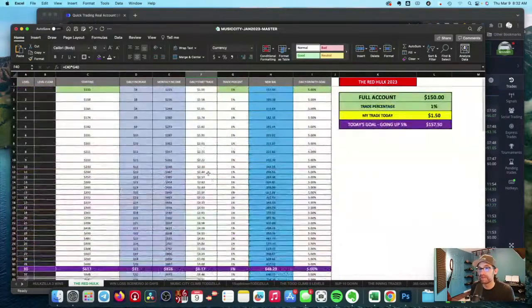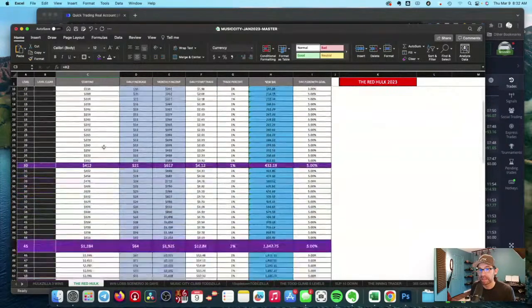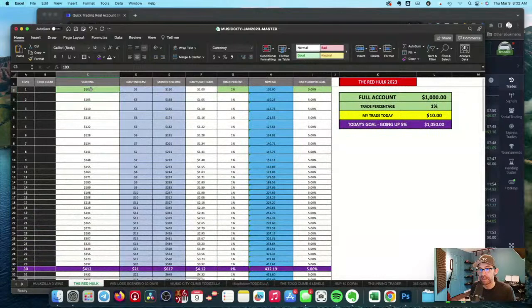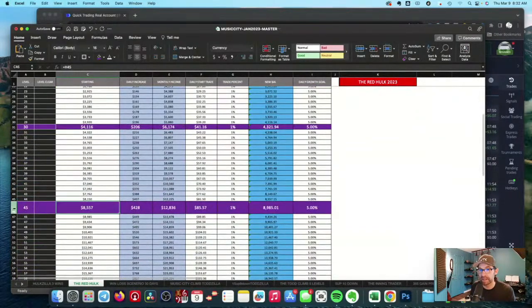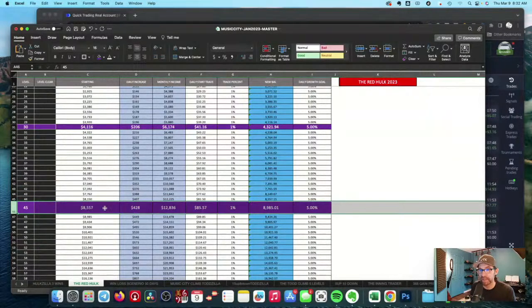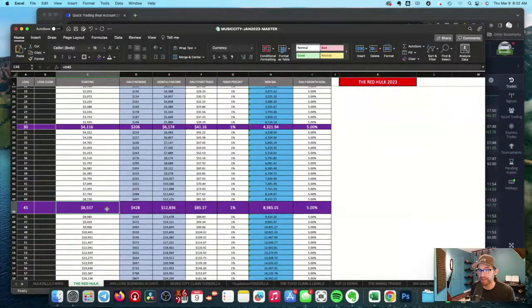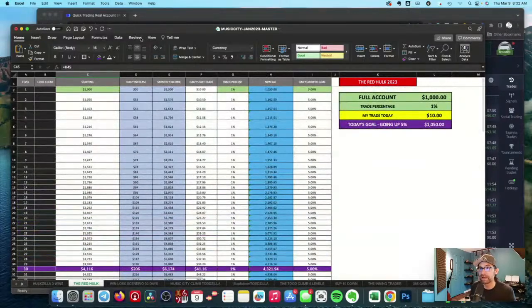But you can see that if this does work and you were to take $1,000, in 45 sessions, which you can do in about 2 weeks, it would be nice if you could get that $1,000 account up to 8,000 in 15 days. So that's how we can do this math, and I'll explain more of that later as I go through the Hulk.